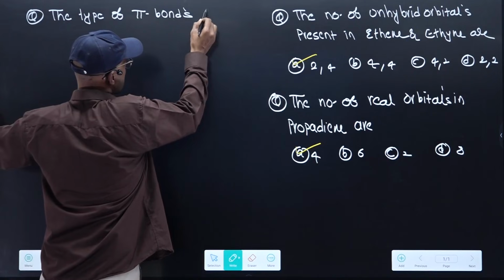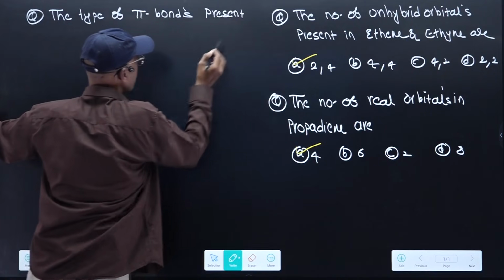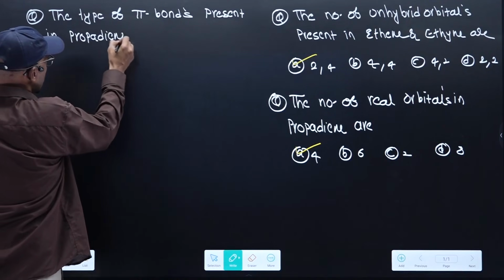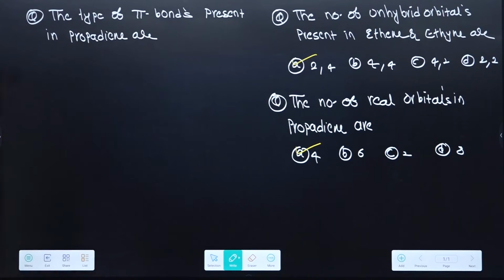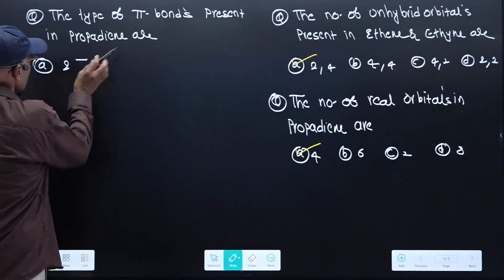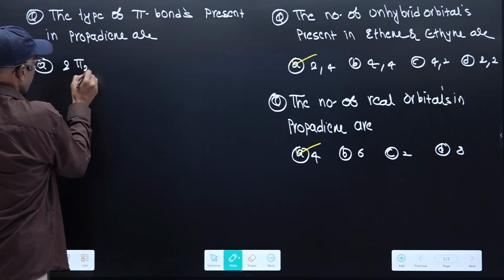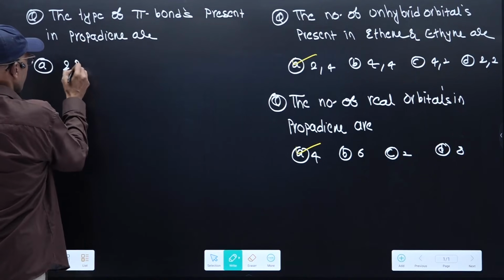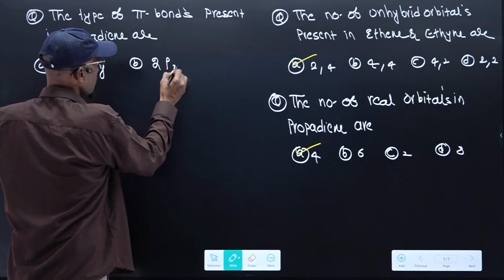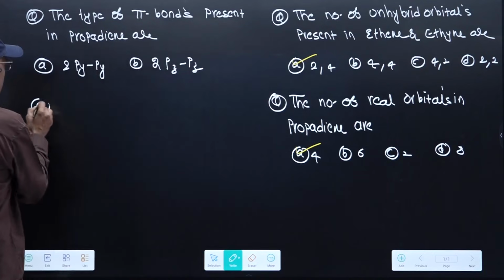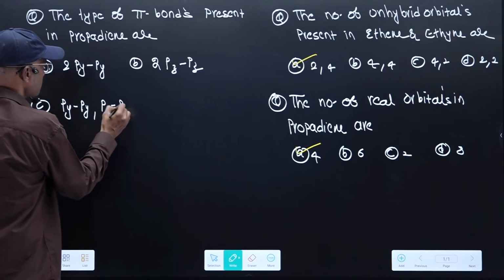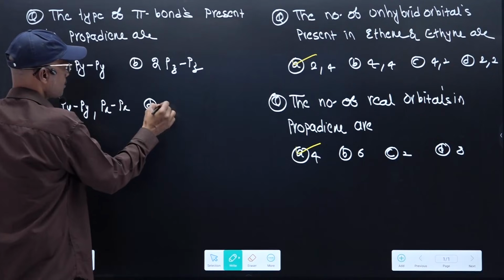The type of pi bonds present in propadiene are: option A, 2py, 2pz; py, px; option D, none.